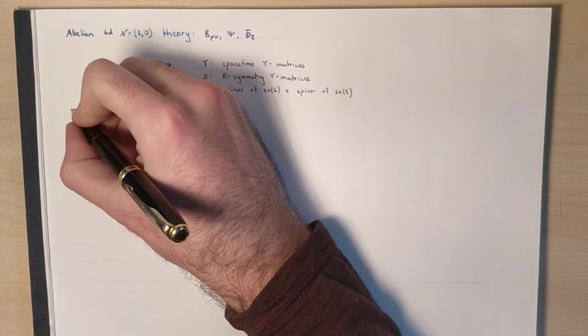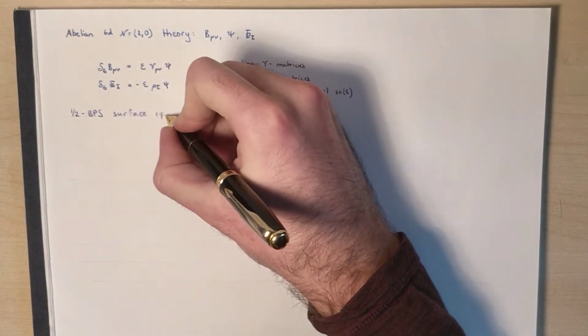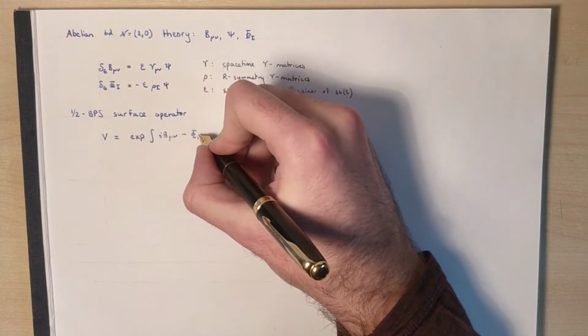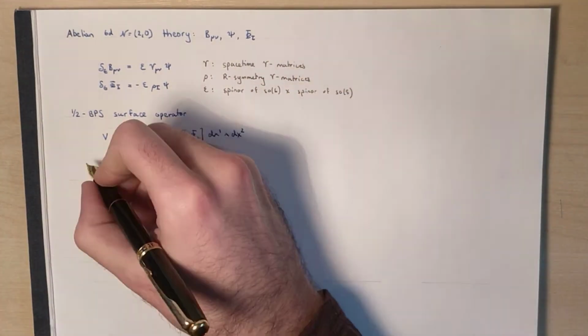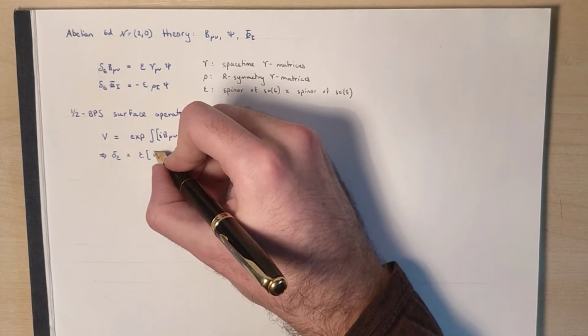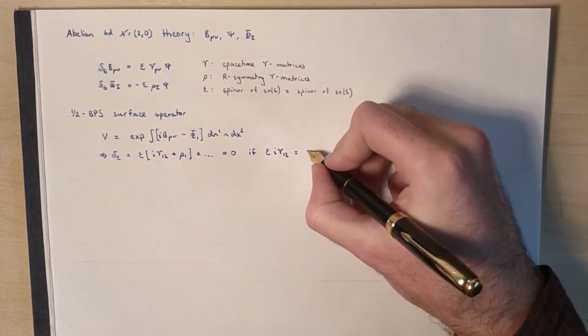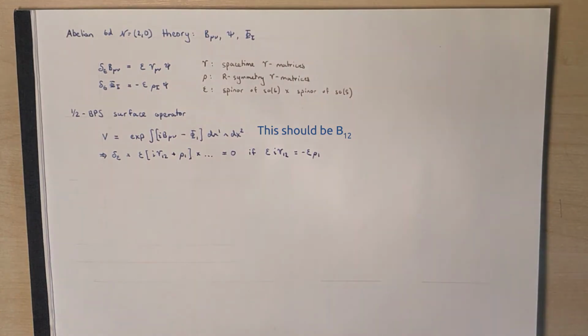From these fields, one can construct a half BPS surface operator much in the same way you would construct a BPS Wilson loop, by taking both B and phi and integrating over a plane. Here, this is along x1 and x2. When we take the supersymmetry variation, both B and phi give a gamma matrix acting on epsilon.